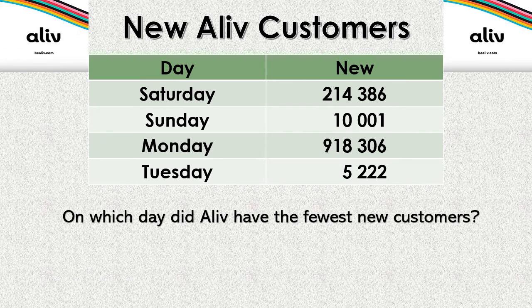On which day did Alive have the fewest new customers? Whenever you are comparing your numbers, always line your numbers up as displayed on the chart. We can clearly see that on Tuesday, there were 5,222 customers. So on Tuesday, Alive had the fewest new customers.